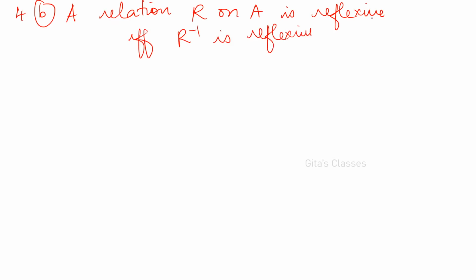Very simple actually. This is 8 marks. Sometimes I think this may be given 7 marks and the previous question may be given 8 marks, or this one will be 8. I don't know how they are going to give.